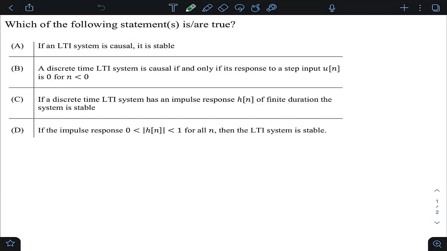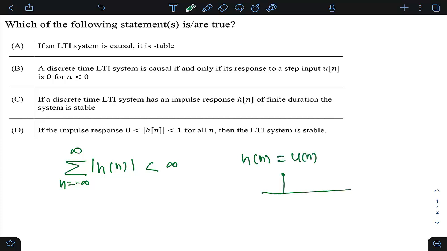First, what is the condition for stability? The system is said to be stable if the impulse response is absolutely summable, right? So this is the condition for stability. They are saying that if a system is causal, it will be stable. Now, for example, if h of n equals u of n, the impulse response looks like this. This is n equal to 0, 1, 2 like this.